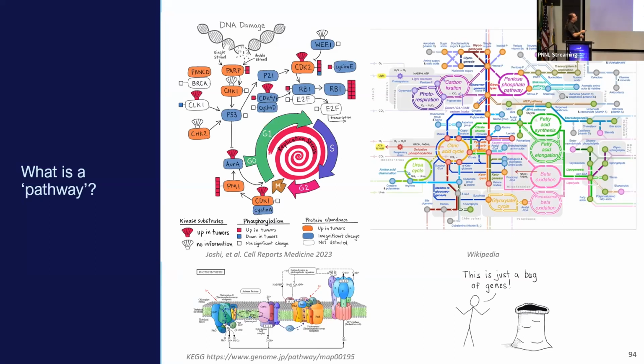So in the upper left here is a pathway. This is a signaling pathway from a cancer study we did about 4 years ago. This is actually an updated version that we put out for a review. And it's basically a signaling pathway is something where you're taking a signal. In this case, it's DNA damage. This could be from inside the cell. Oftentimes it's from outside the cell. Something is signaled on the outside of the cell. It gets translated into a signal by some receptor.